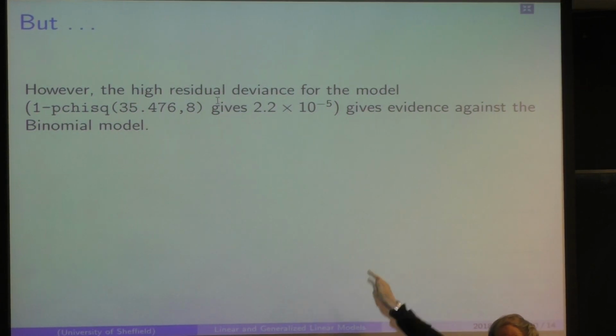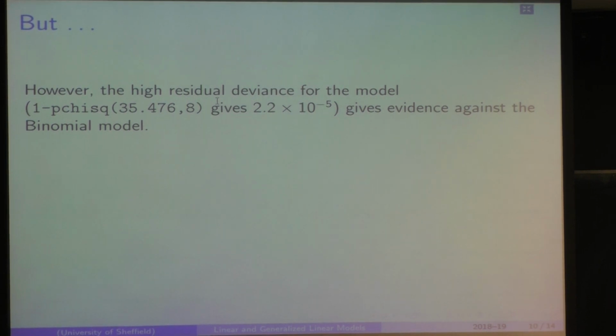That would be the p-value for the test with the null hypothesis that the linear model is appropriate. So we seem to have evidence here against the binomial model with the probit link.